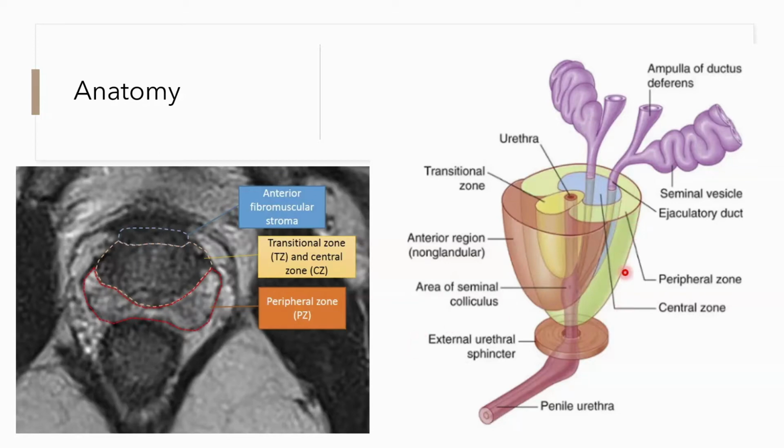It is in the peripheral zone that 3 out of 4 prostate cancers arise, and it is this zone that we are most interested in. Now, if you look at the MRI, you will see that the peripheral zone has high signal intensity when it is normal. So it looks whiter than the transitional zone, which looks darker.